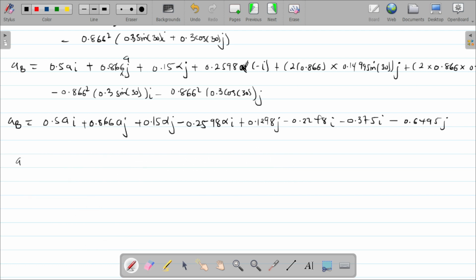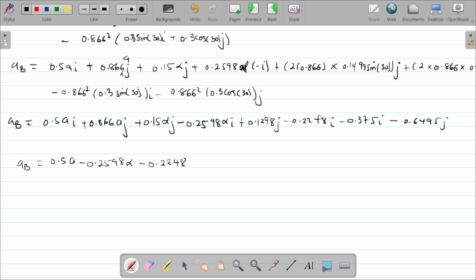So AB, we have 0.5 AI. So I'm grouping the I's and the J's. So AB will be 0.5 AI. 0.5 A. The next I is minus 0.2598 alpha. The next I minus 0.2248.